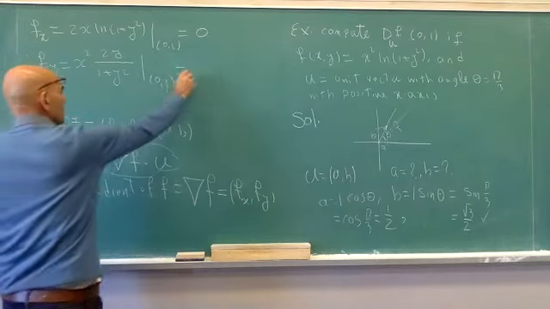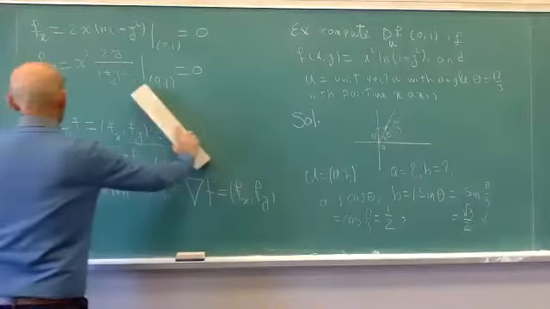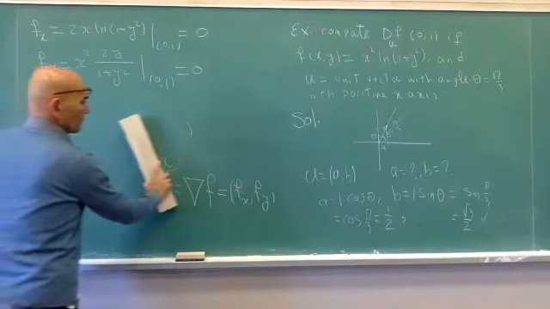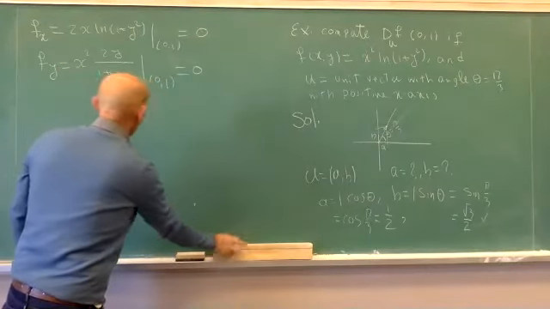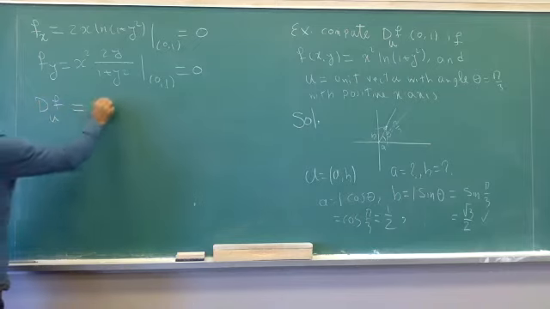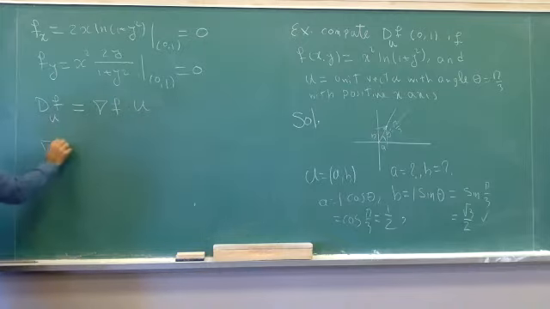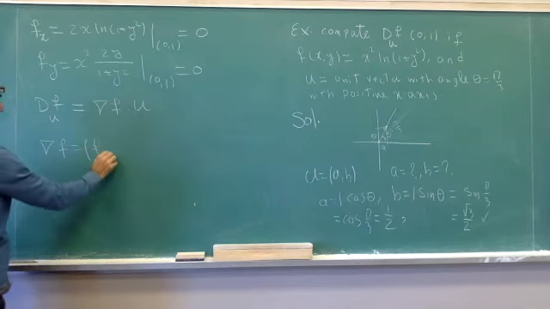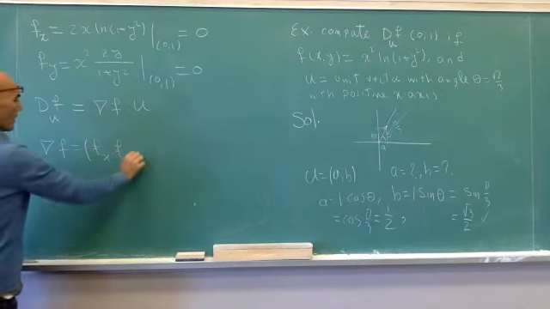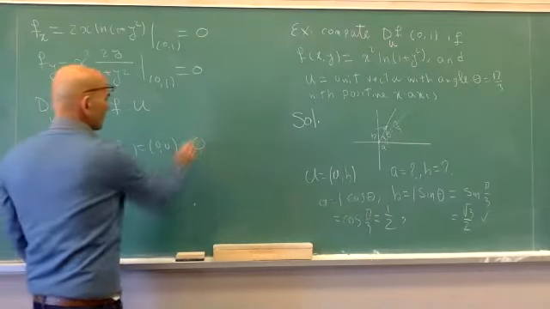Okay, so that's 0. But still, we have to write the formula, which is D_u f equals gradient of f dot u. So gradient of f is equal to (f_x, f_y), which is equal to (0, 0). So that's the 0 vector.